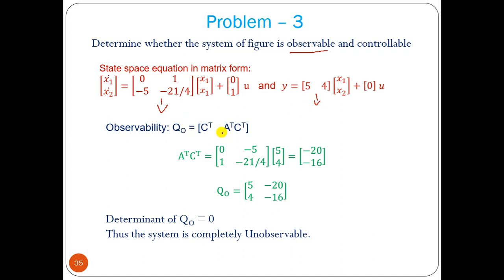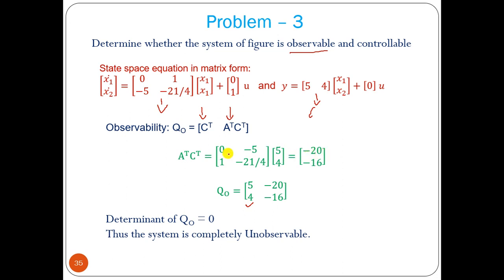A is a 2 cross 2 matrix, so we must have two columns, CT and ATCT. The CT value you already know, that is 5 4 is C, so CT equals 5 4 column wise. Now ATCT we can find out. AT is 0 1 and minus 5 minus 21 by 4, and this is 5 4.